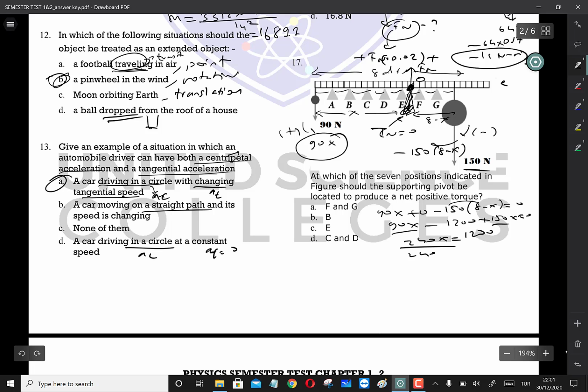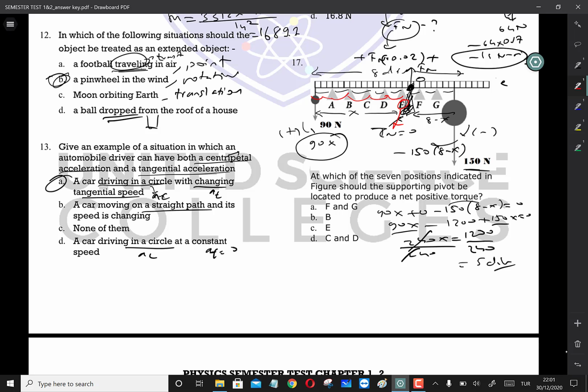Divide by 240. So the no rotation point is 1200 divided by 240, which is 5 divisions. So let's count 5 divisions: 1, 2, 3, 4, 5, which is E. E is the no rotation point.